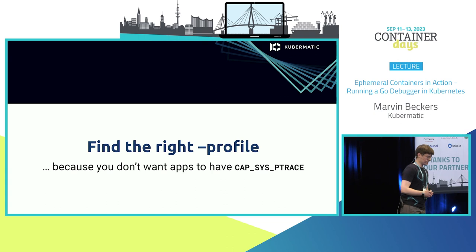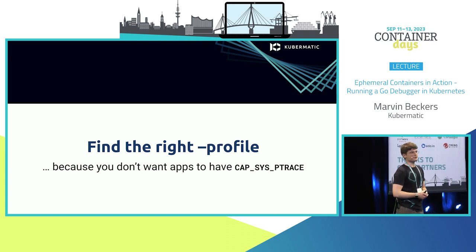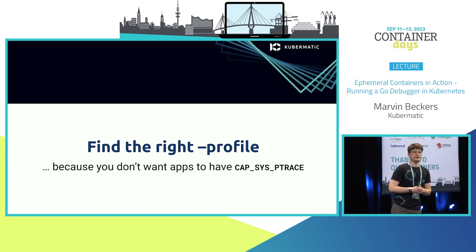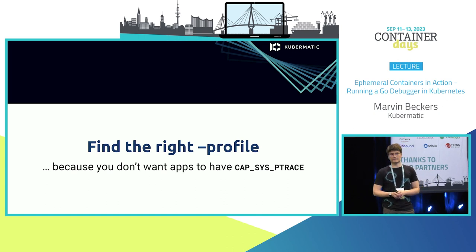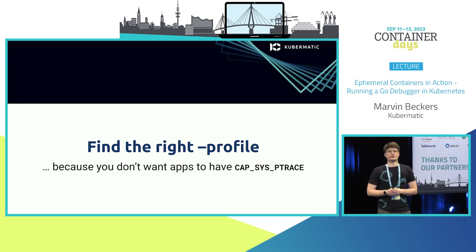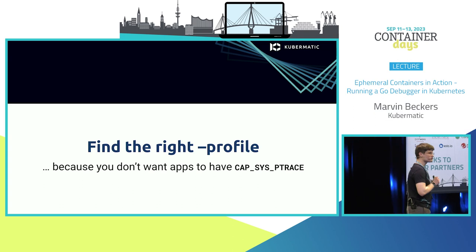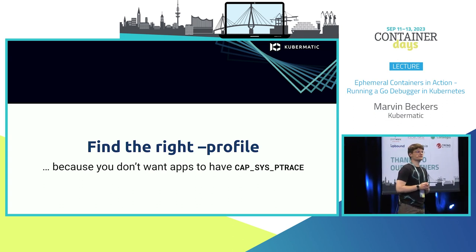One last thing. I talked about capabilities earlier. I talked about the required capability that I need to be able to trace a process, the CAP_SYS_PTRACE. And this is not by default in this spec for an ephemeral container. And it shouldn't be, really, because it is a very, very dangerous capability.